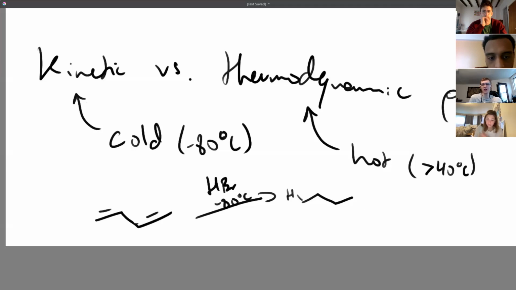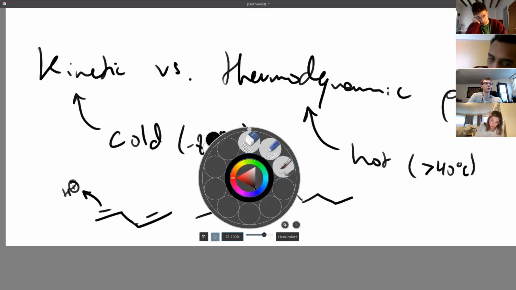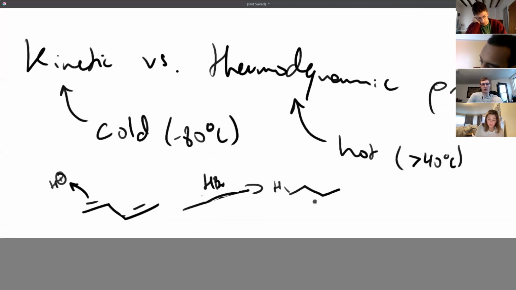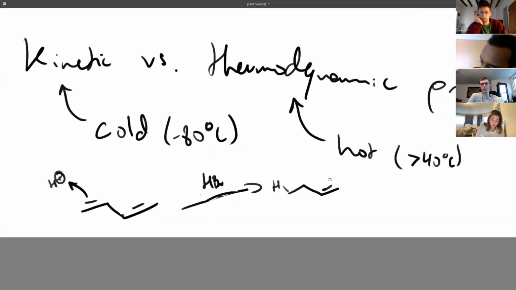Okay, so there's an H here, and let's think about what'll happen, right? We'll get this H plus. In both cases, the H plus will attack here. This is just what happens every time when we add HBr. And there's this double bond over here.